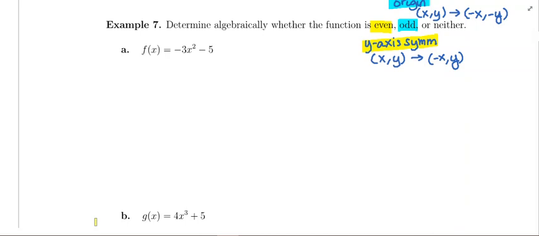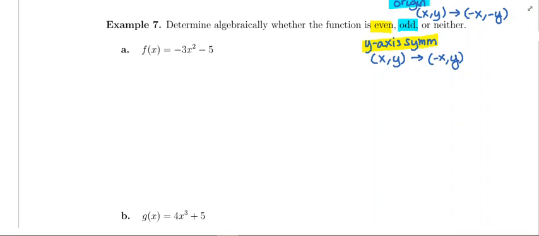When we're testing for origin symmetry to see if the function is odd, we are going to have to replace y with negative y. Well, when you read the function in example A, it says f of x is equal to negative 3 times x squared minus 5. Where's the y? I don't see a y physically there in order to replace y with negative y.